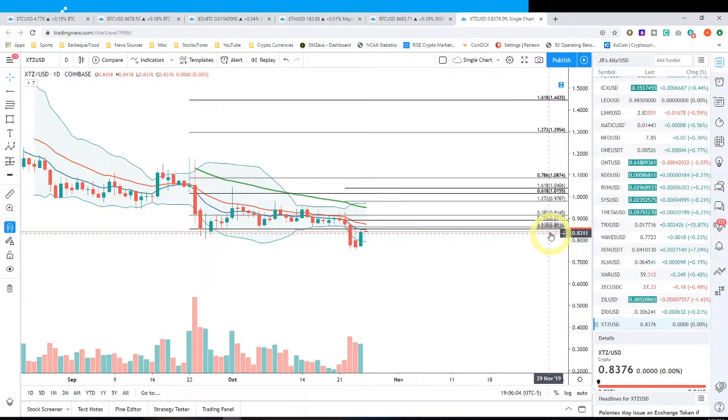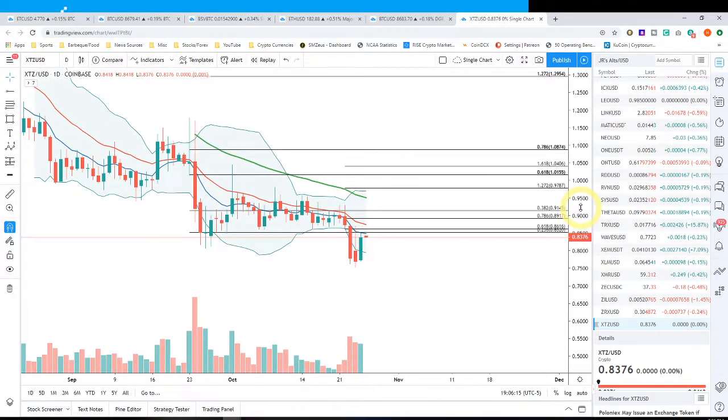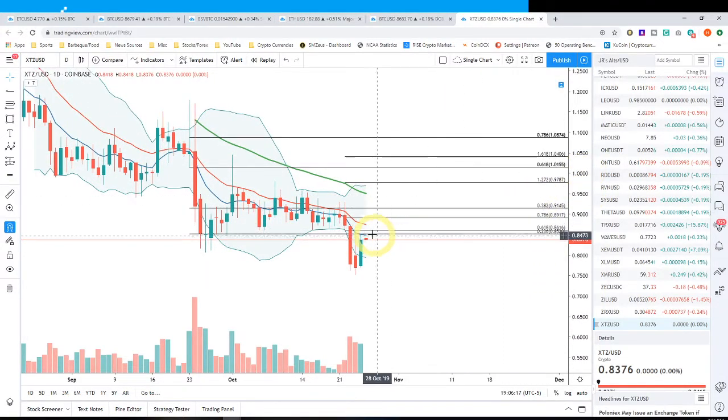All right, see the thickness right here that you're seeing where things line up on each other? Right there. 61.8 and the 23.6. So this area right here is of some interest, right?